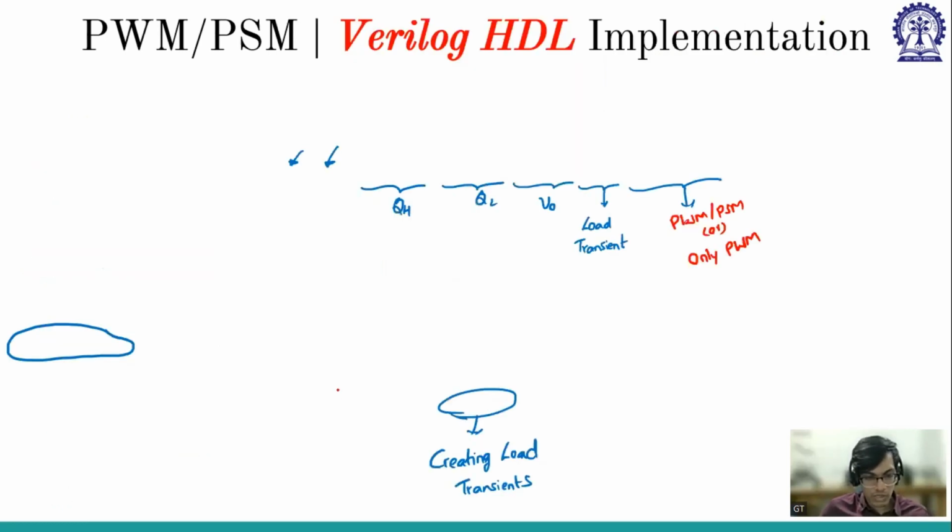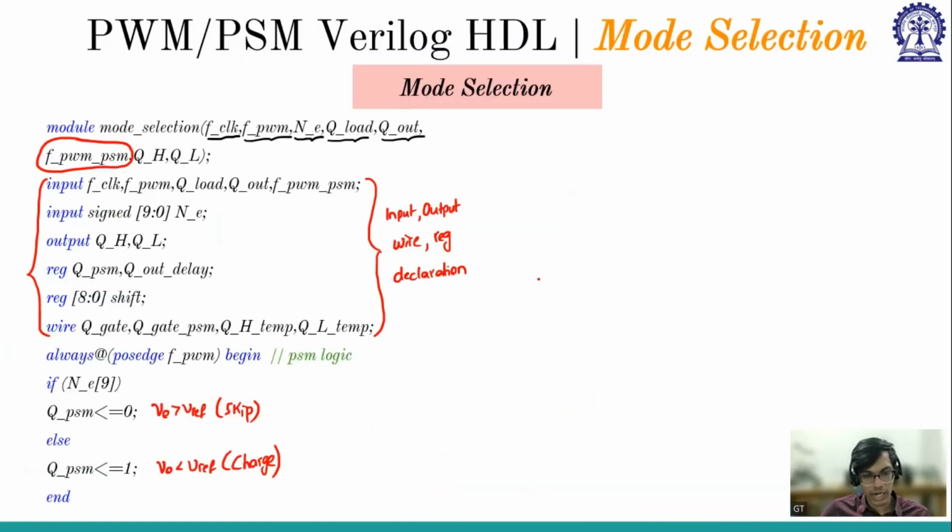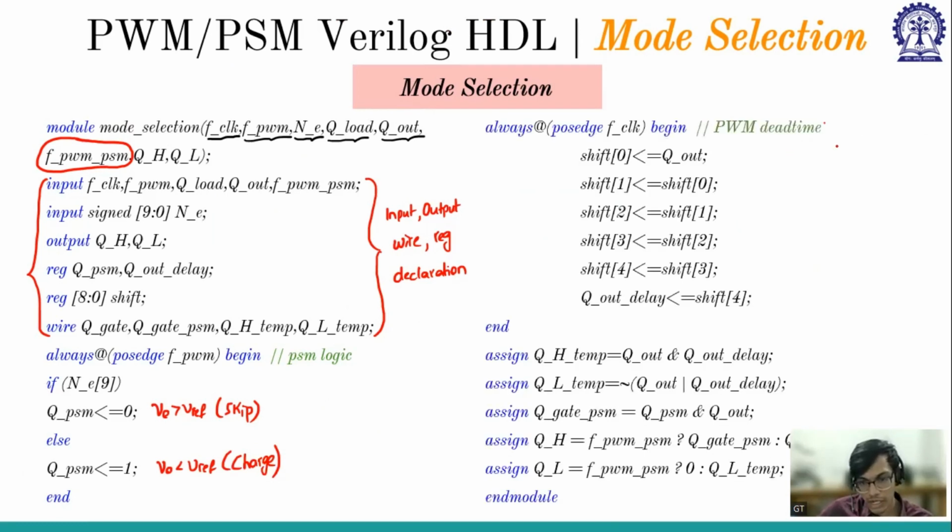So with the PSM logic, we have covered this block. Now the dead time block is there, as well as this AND operation. Coming to the dead time block, this is the PWM dead time, which is again 6 D flip-flops, and each flip-flop has a delay of 10 nanoseconds. So the total delay will be 60 nanoseconds.